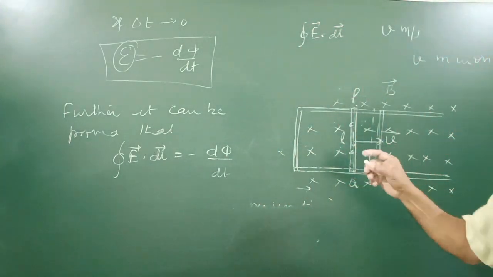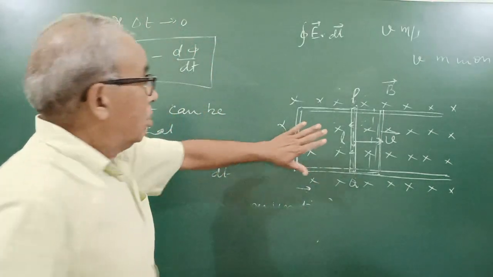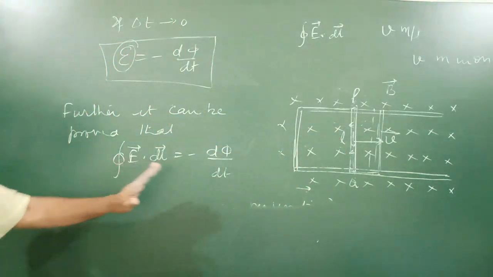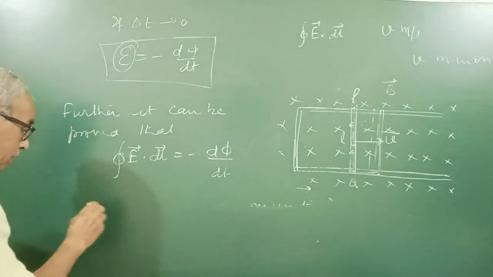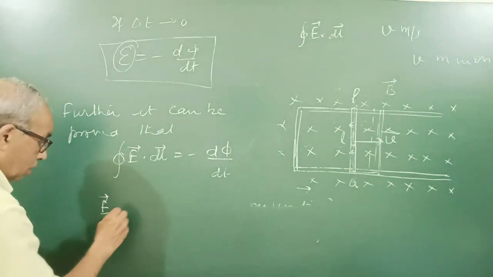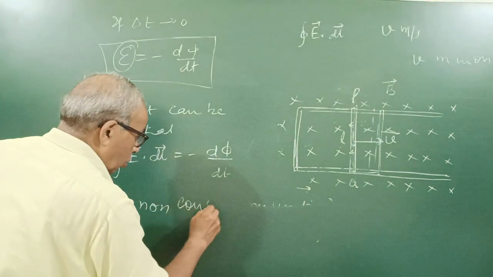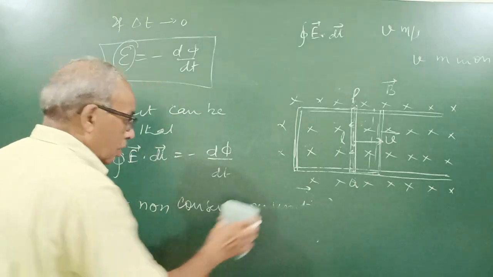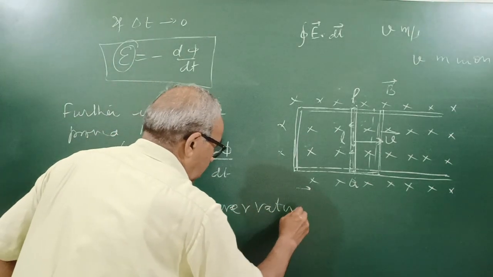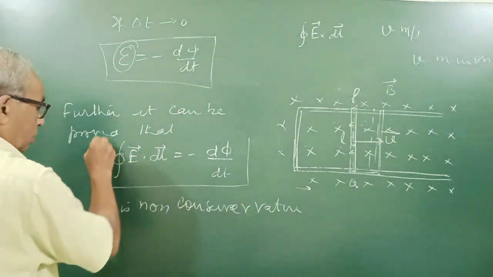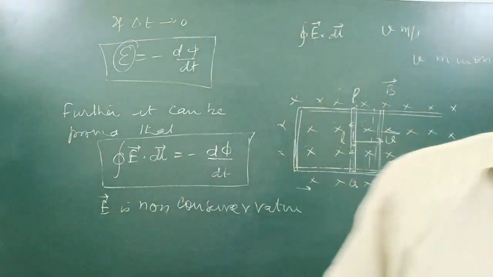The field produced by this varying magnetic field, this electric field produced by change of magnetic flux, but this vector E produced here is non-conservative. I have proved this equation just to understand further a topic of electromagnetic waves.